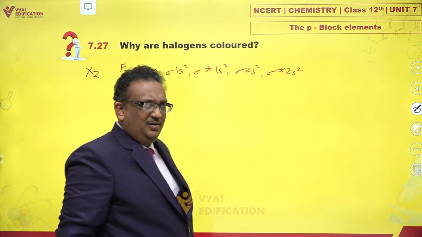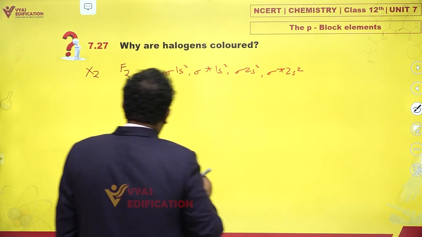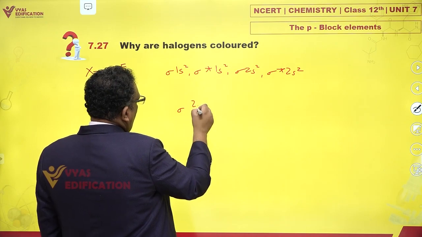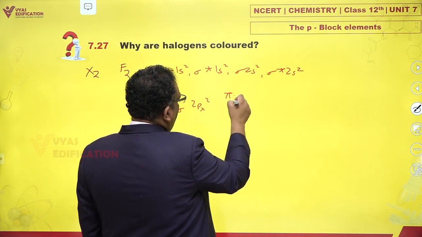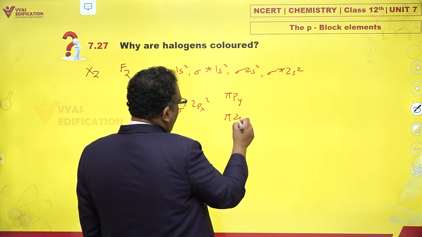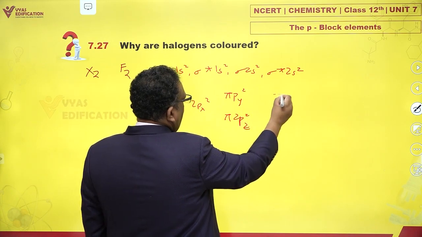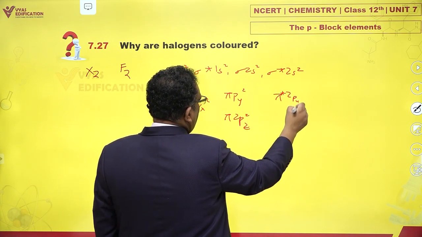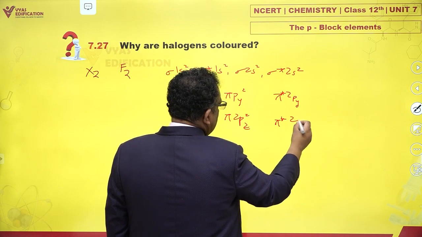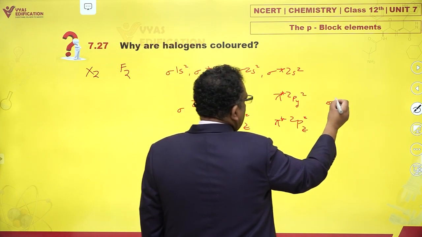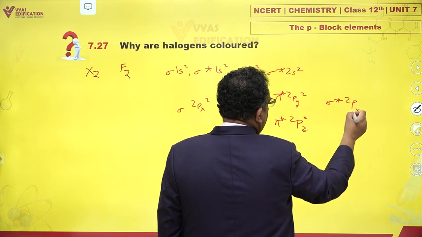It is standard. Then you have sigma 2px, pi 2py, pi 2pz, pi star 2py, pi star 2pz, and then sigma star 2px.